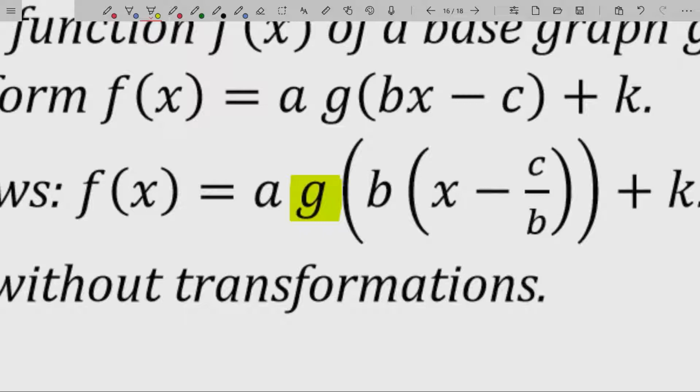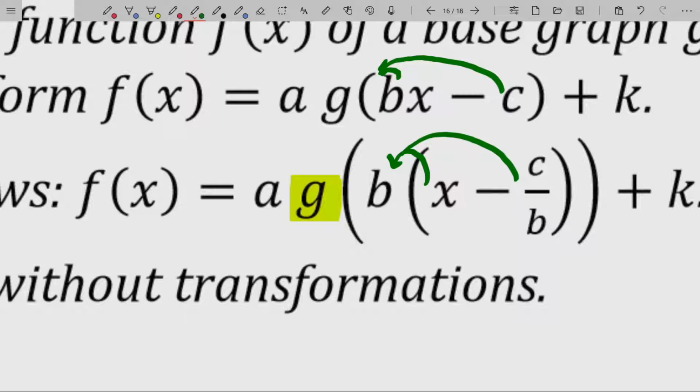And you're going to factor that b off of x, but you also factor it off of this c as well. So the b gets pulled out off of the constant as well. So it gets factored off the variable term, the x term, and it gets factored off the constant as well.